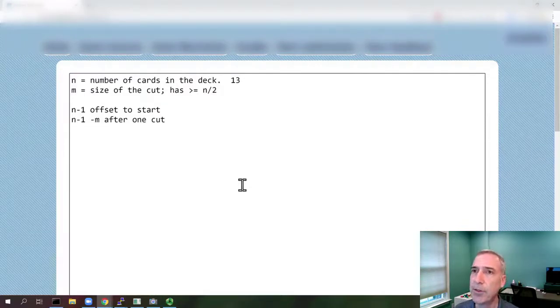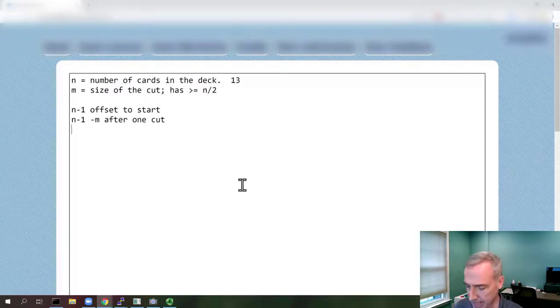Now, remember, the trick was that on the next cut, since it was less than m, anything that was at position 0 is now at n-1. Anything that was at position 1 is now at n-1 minus 1. If it was at position Q, it would be n-1 minus Q.